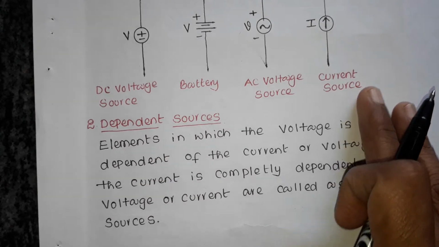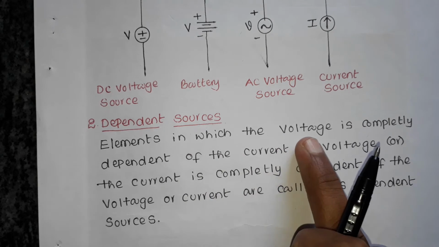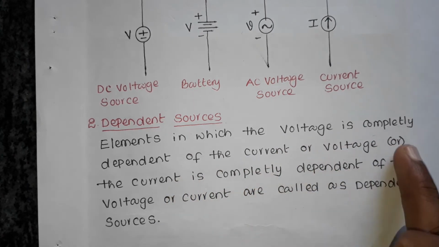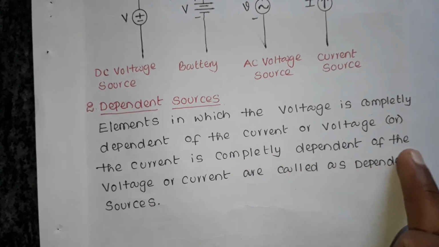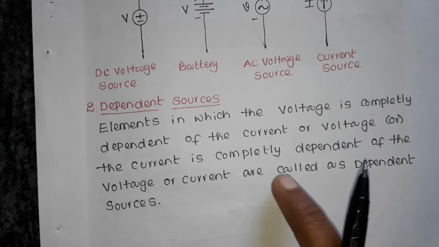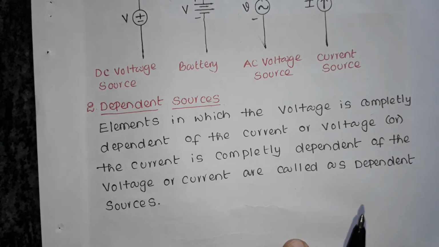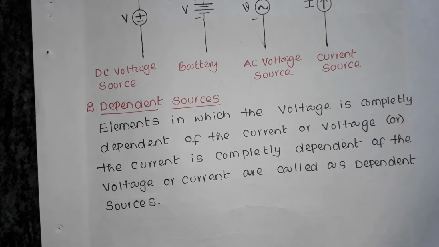Similarly, dependent sources are elements in which the voltage is completely dependent on the current or voltage, or the current is completely dependent on the voltage or current. Here the voltage is depending on the other voltage or current, and the current is depending on the voltage or current.